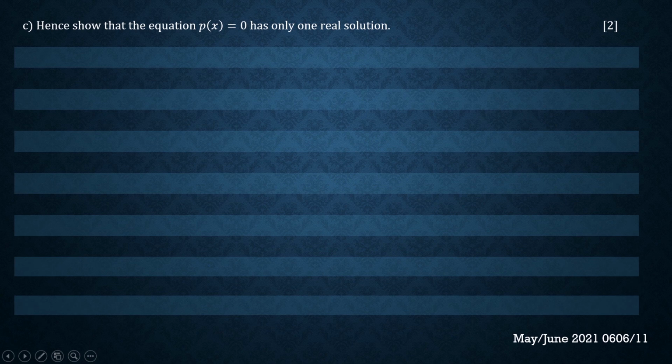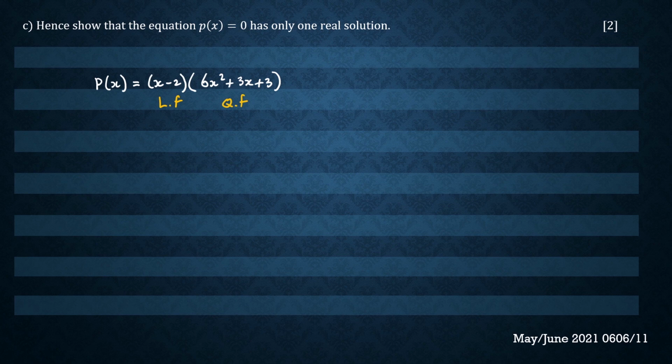Part C says, hence show that the equation P(x) equals 0 has only one real solution. From part B, we can write down P(x) equals (x minus 2)(6x squared plus 3x plus 3). So this is our linear factor and this is our quadratic factor.